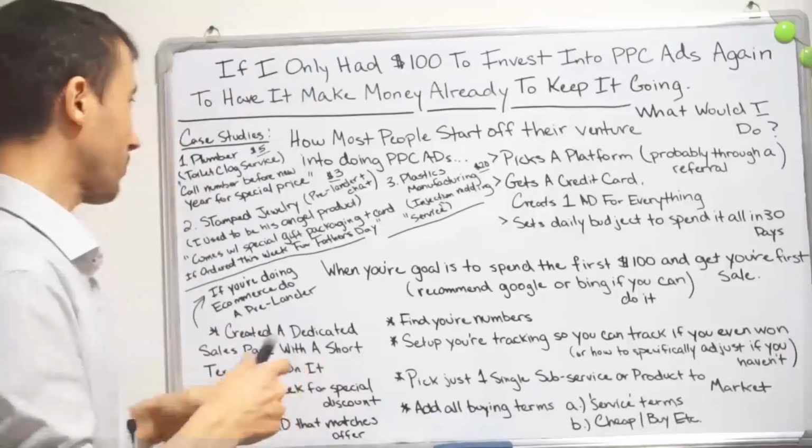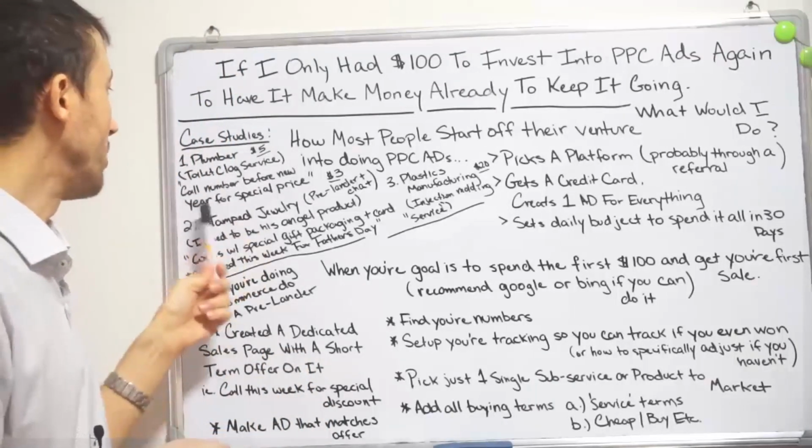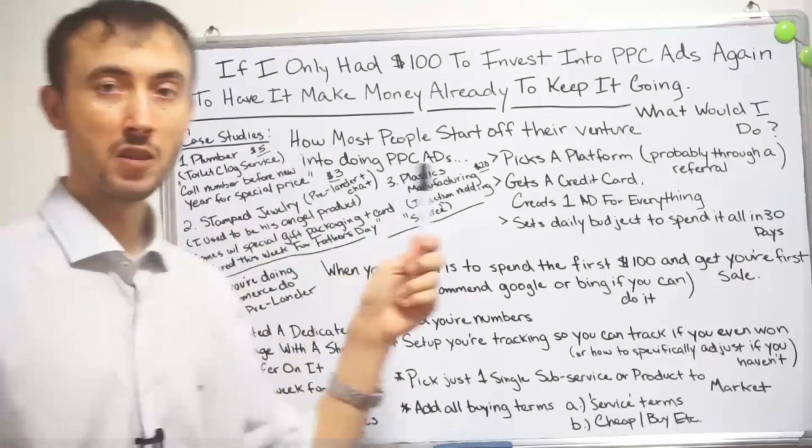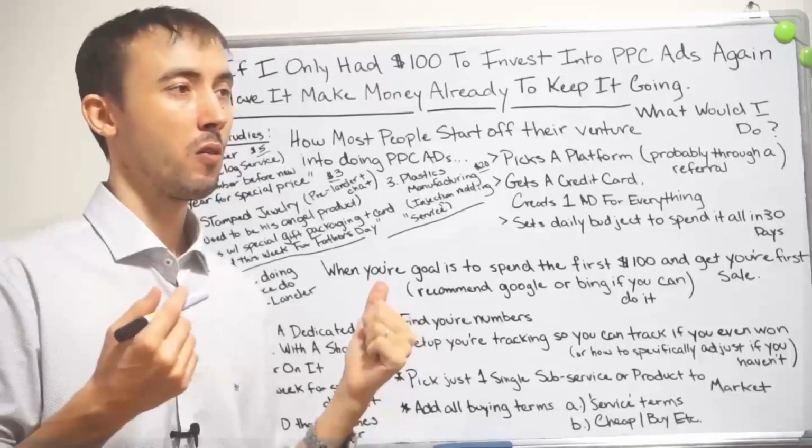And then, call number before New Year for a special price on this service. So with that, you're asking for the sale, and you're giving them a reason to respond now. You already know exactly what they're looking for, so you already got 90% of the work cut out for you.